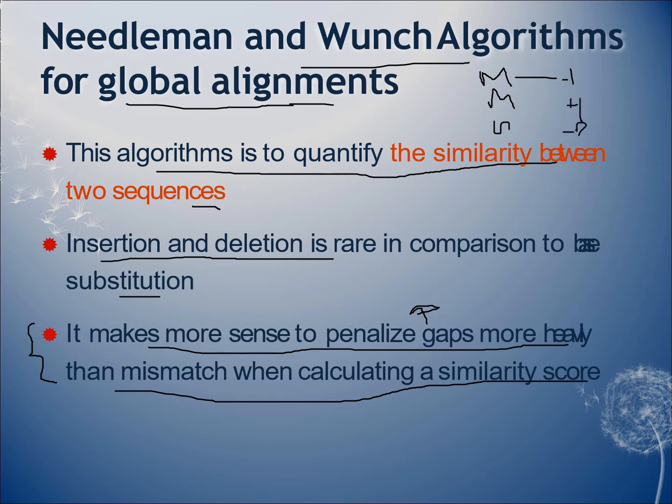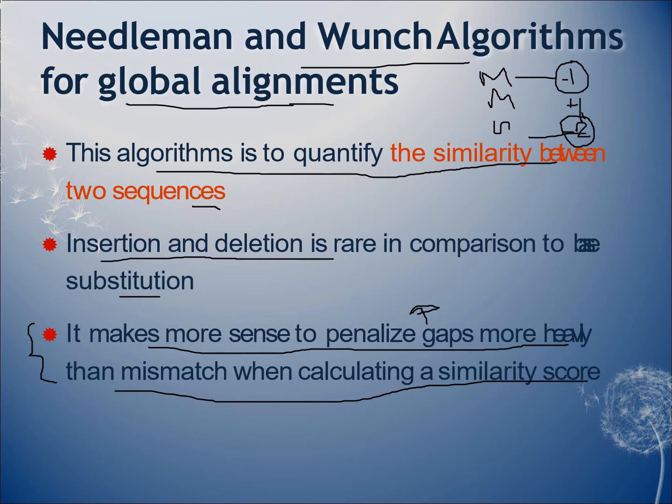So we are charging gaps heavily in this case. Whenever there's a gap, we deduct 2, whereas for a mismatch we deduct 1, and a match is always a plus. In general questions on global alignments, you'll get a gap score that is normally much higher in magnitude than the mismatch and match scores.